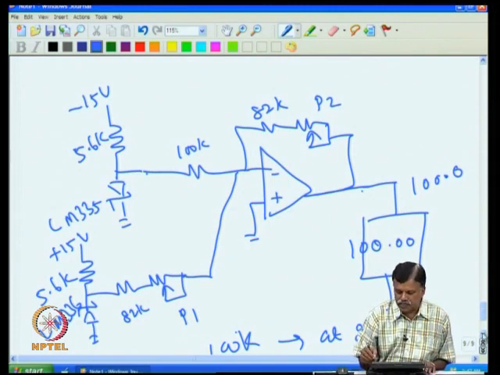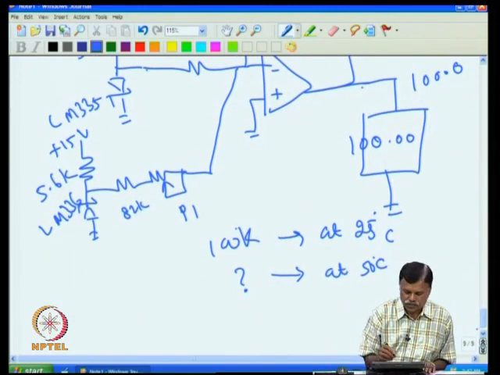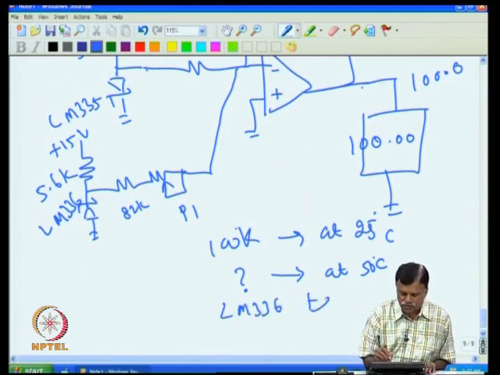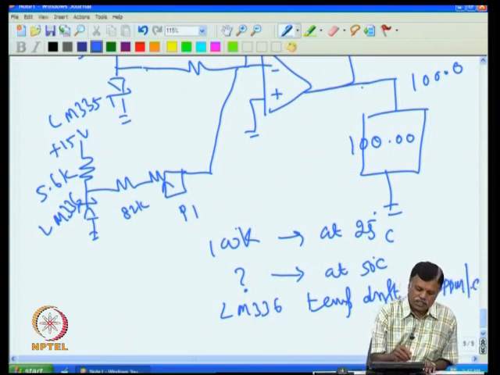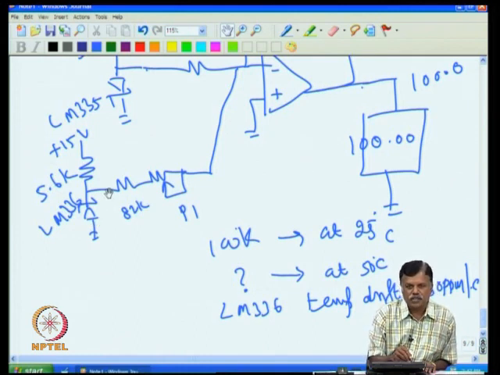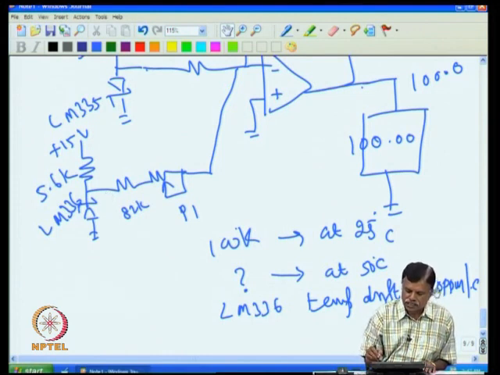If you look at the data sheet of LM336, the temperature drift is 30 ppm per degree C. The voltage available at this point will be changing by 30 ppm per degree C. They are not telling whether it will increase or decrease. If you look at the data sheet carefully, they are telling it is plus or minus 30 ppm.